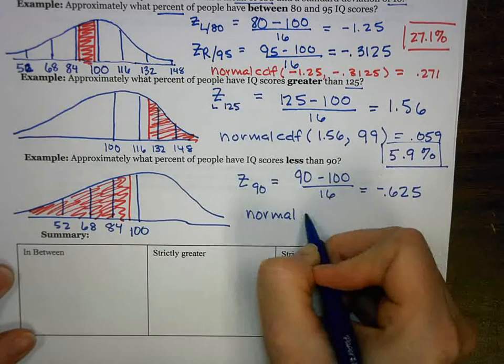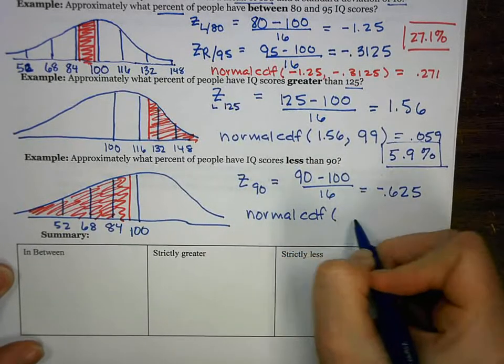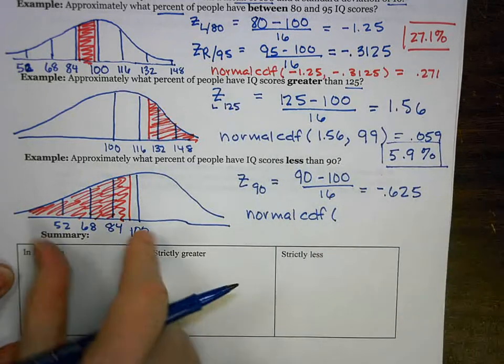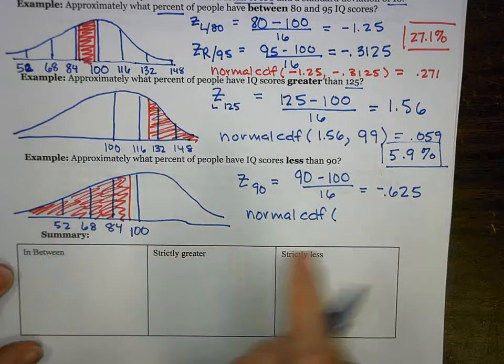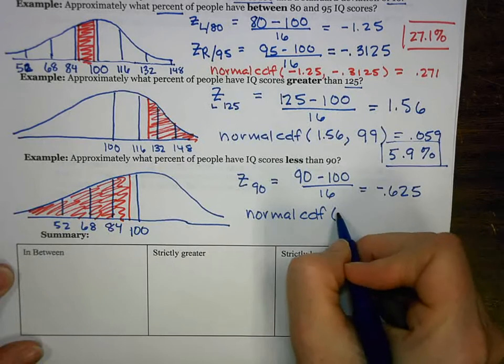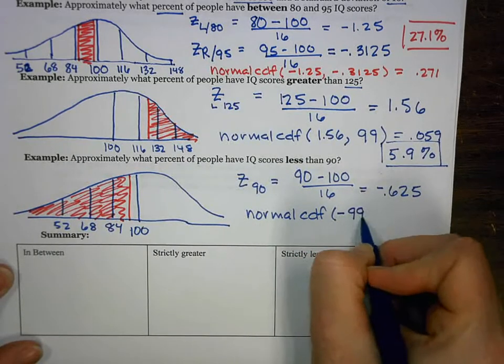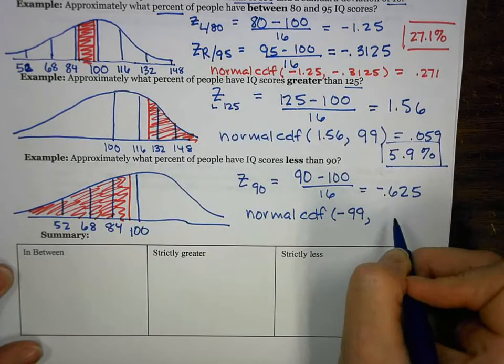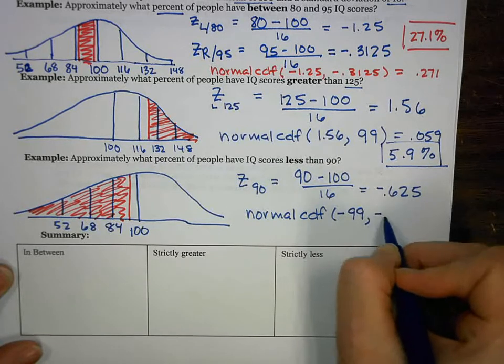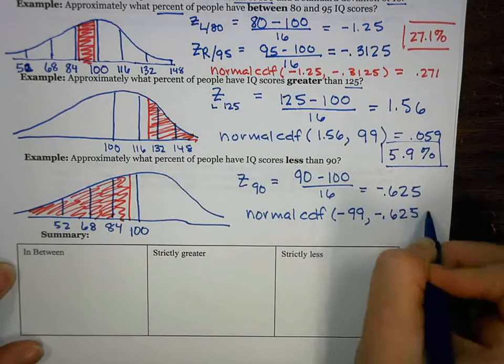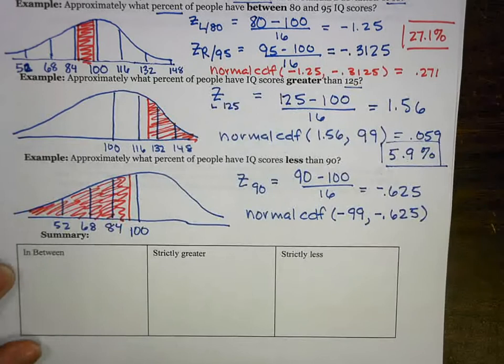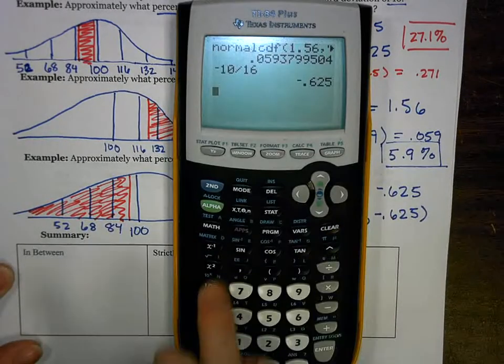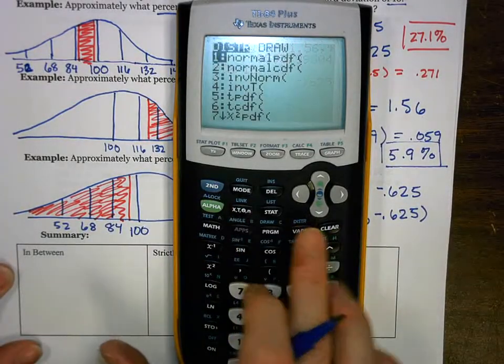So we're going to calculate the normal CDF of, we want a less than. So our first value is negative 99. Then we put our z right. So that's going to be negative 0.625.